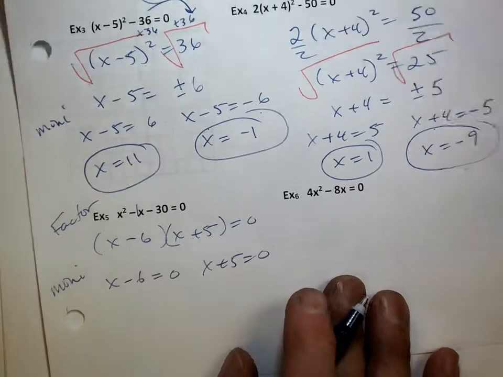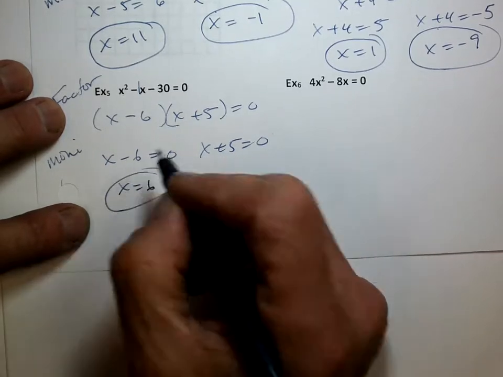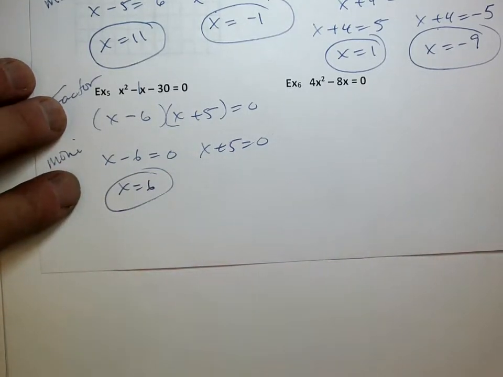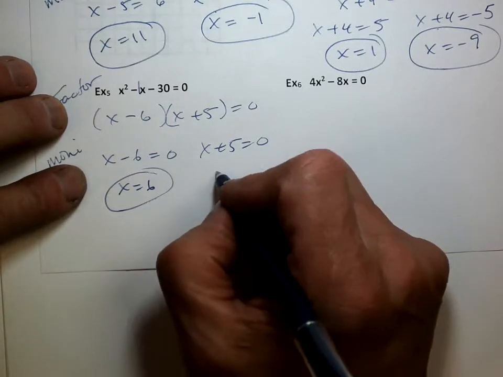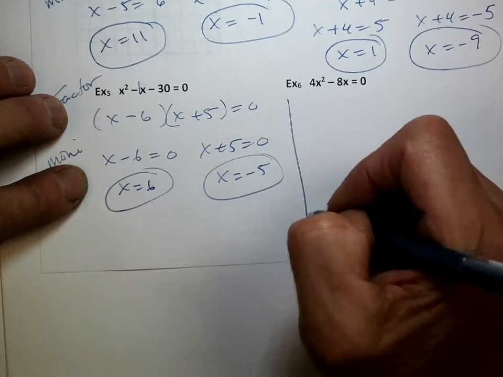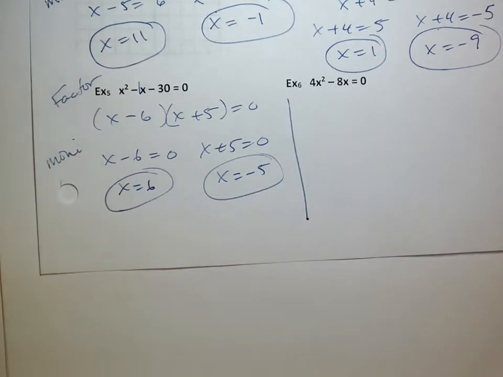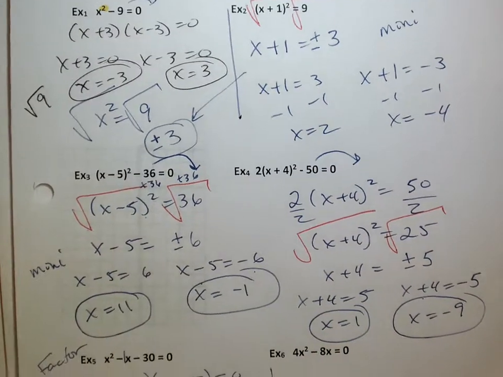I'll solve my mini equations. Plus 6, plus 6. One answer is 6. Or like Isaac said, just the opposite. And Nikolai, you were right when you said just the opposites. And x equals negative 5, right? Totally right. Okay, thumbs up on that one. So sometimes we have to factor, and sometimes if it's in this parentheses squared, we'll just square root it, okay?